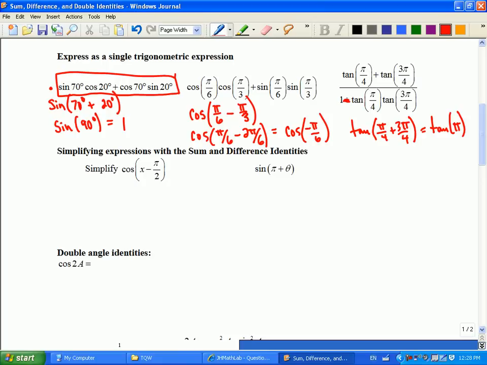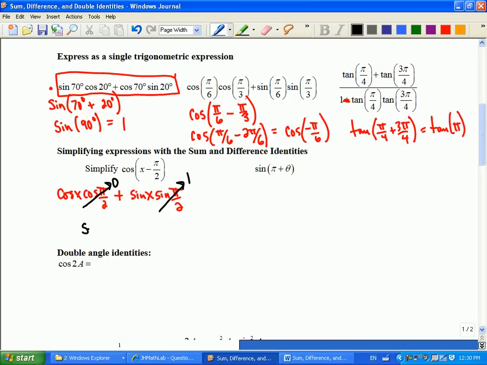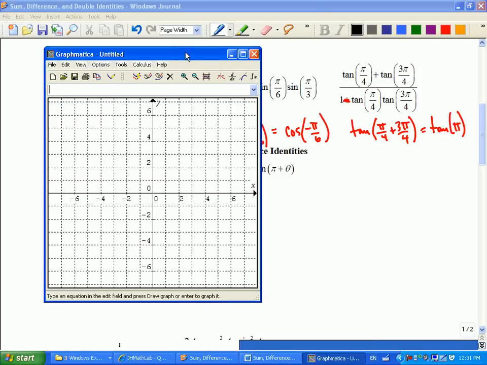So see what you get. So you should have sine of x if everything's simplified the way it was supposed to.